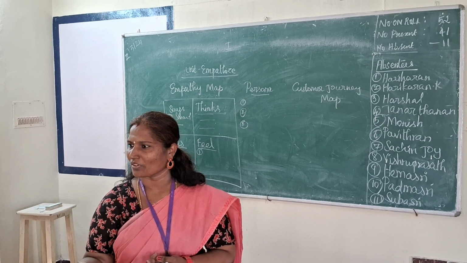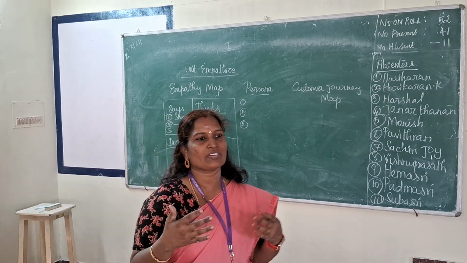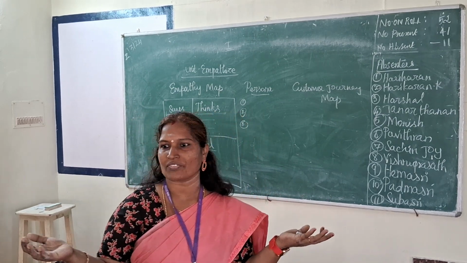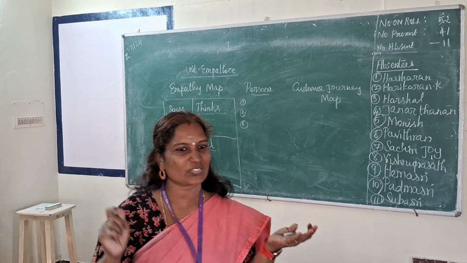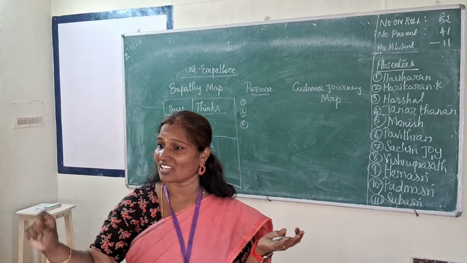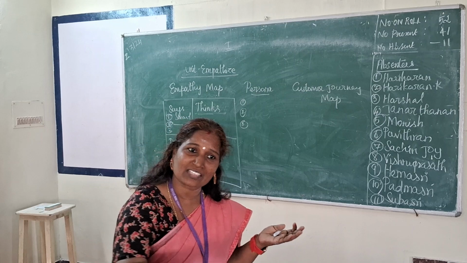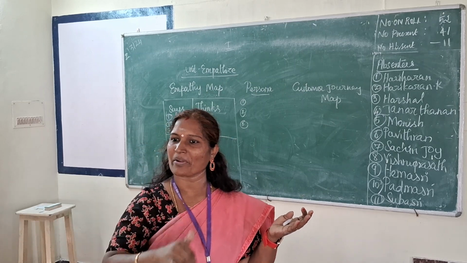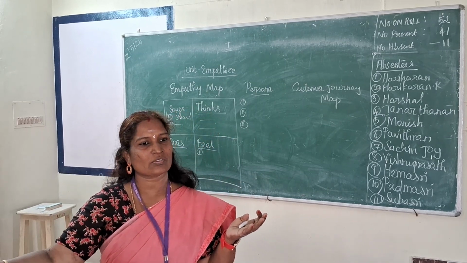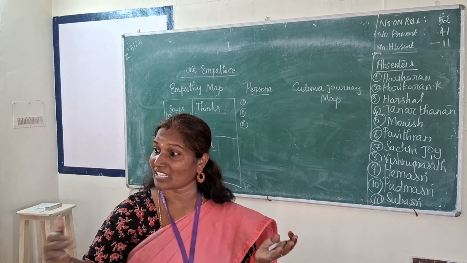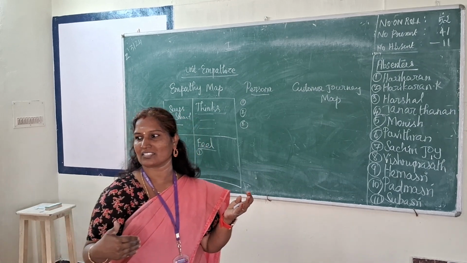Many times we do, right? They will show so many dresses, we see everything, and then we see that it is so costly. For me, this much cost only I want, but this color, this combination I want for only 1,000 rupees or 1,500 rupees. That is that part.